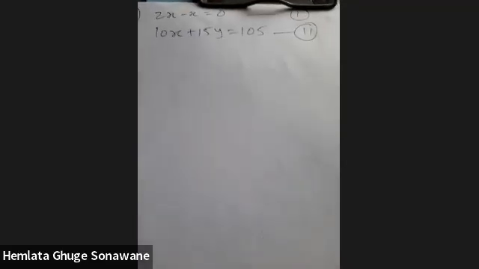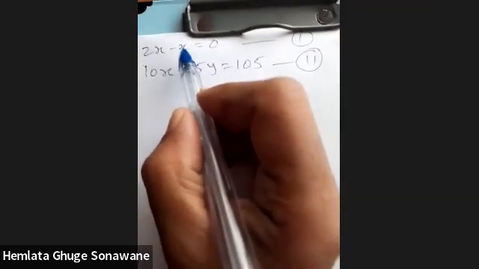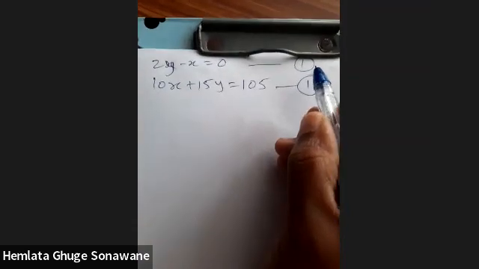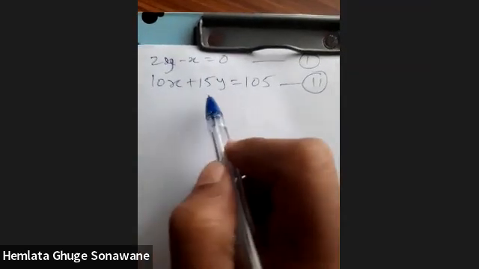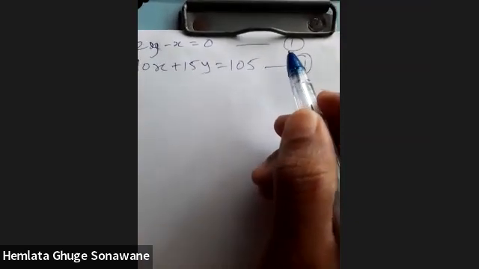We'll take the next example, that is the fourth example. 2y minus x is equal to 0 is equation number 1, and 10x plus 15y is equal to 105 is equation number 2.